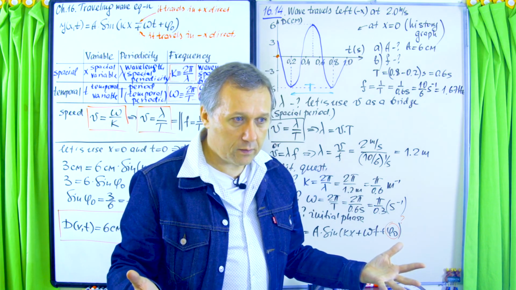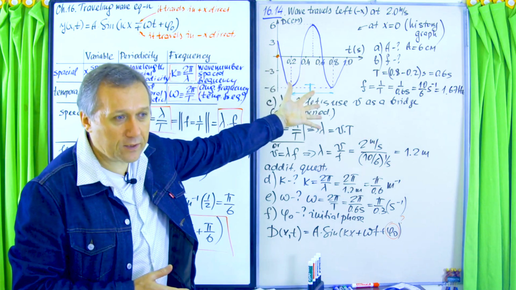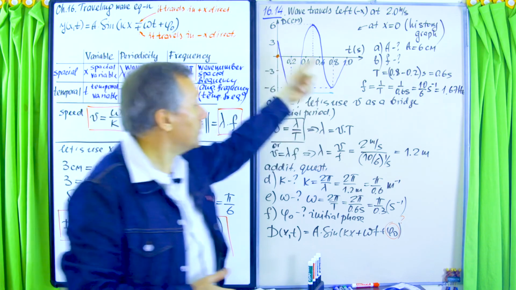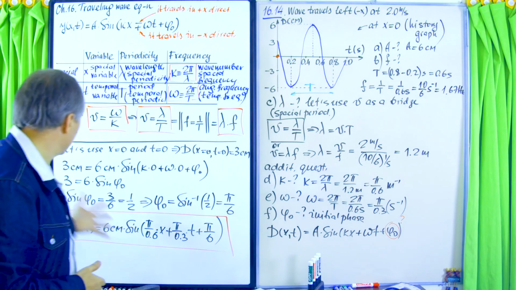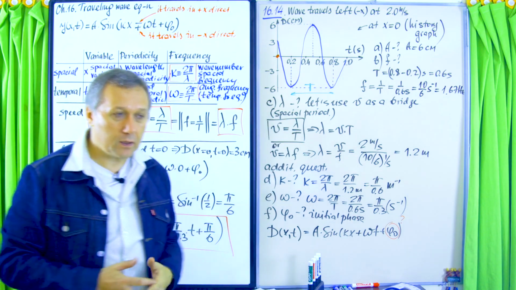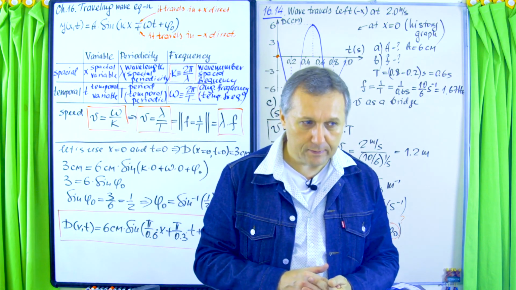So how can you find temporal quantities from that piece of information? Again, using speed. If speed is given, you can use the expression for the speed in order to find temporal quantities if only spatial quantities are given.